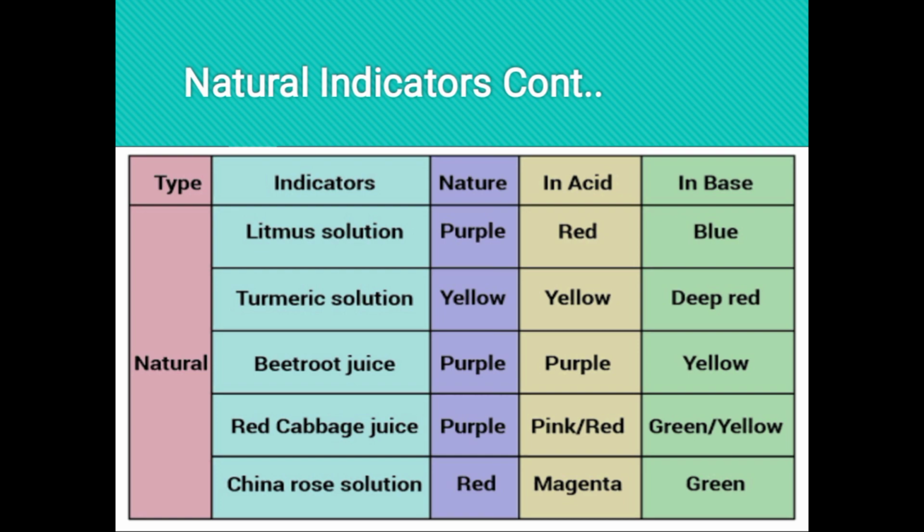The red cabbage juice, which is also purple, gives a red to pink color depending on the pH in acidic media, and a green or yellow color in a base. The China rose solution, which is red, gives a magenta color in acids, and in base it gives a green color.